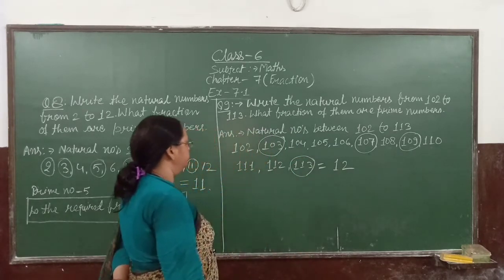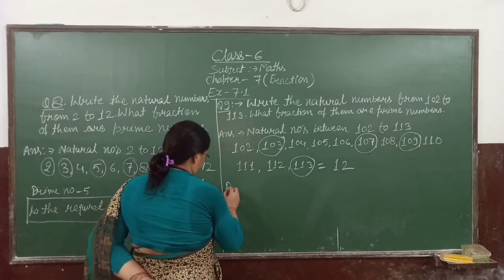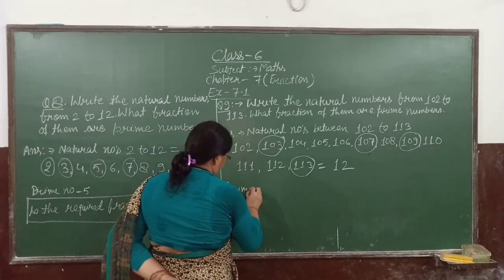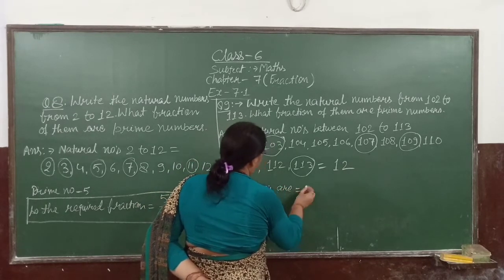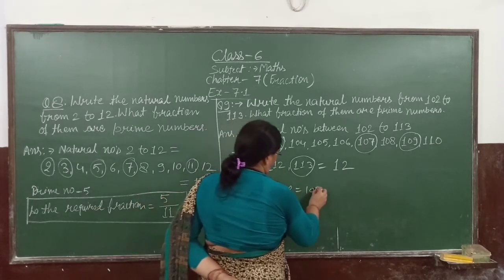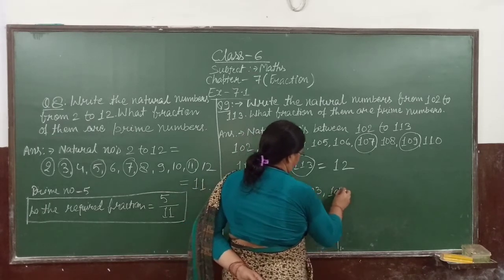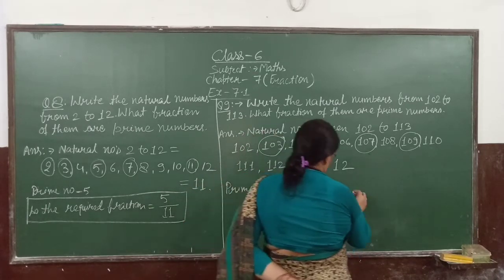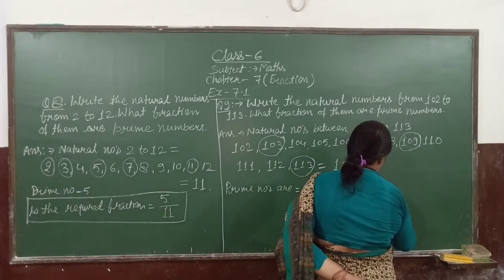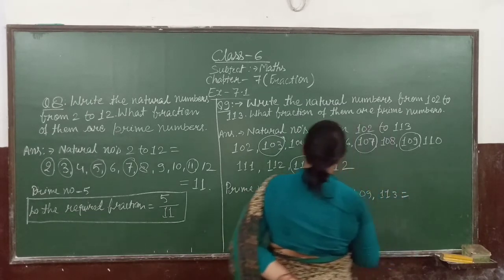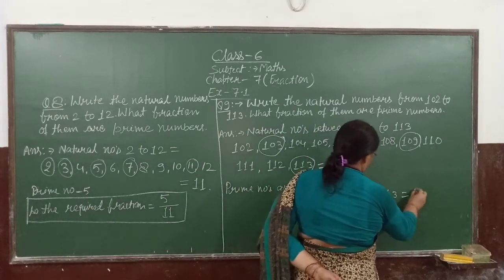So the prime numbers are 103, 107, 109 and 113. The count of prime numbers is 4.